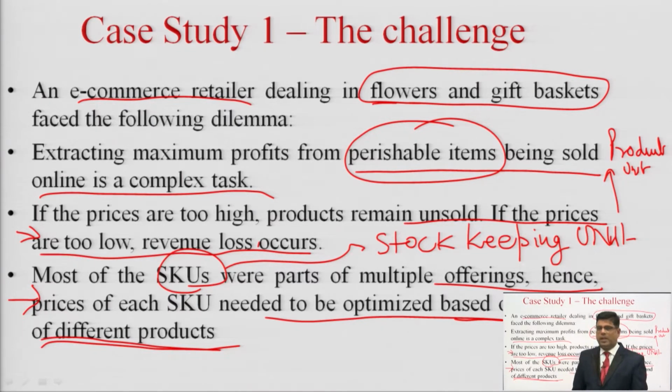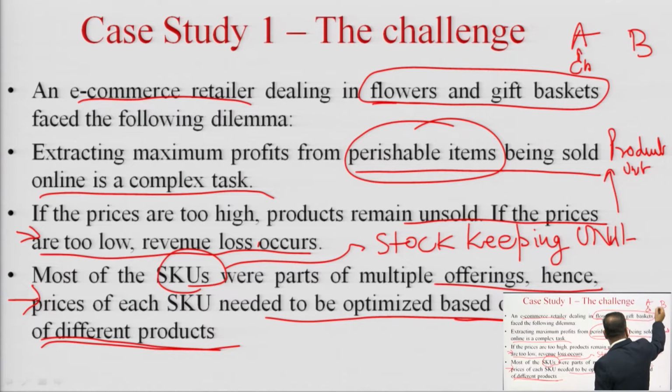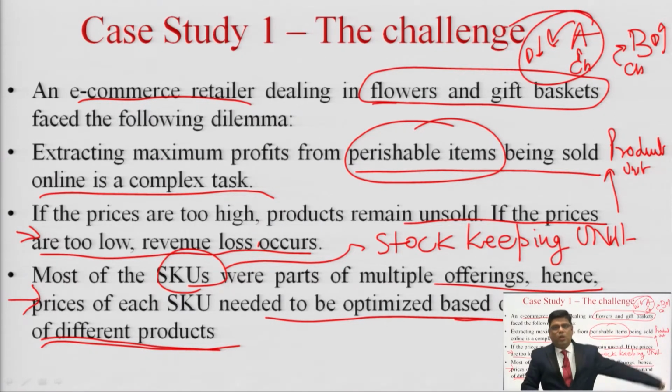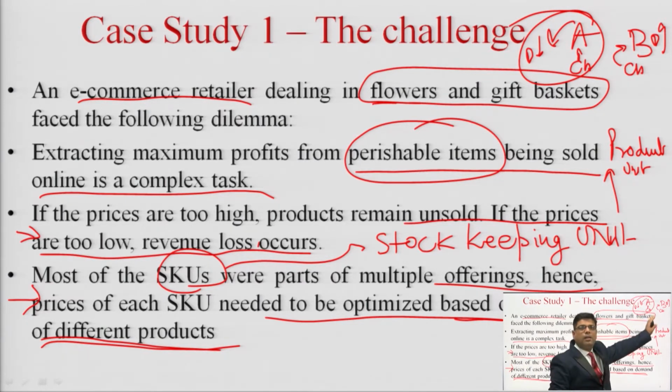Suppose there are two offerings, offering A and offering B, and chocolate is a part of both. If offering A demand is low while offering B demand is high, then with offering A, the chocolate will have to be priced high in order to get sustainable profit, while the chocolate can be priced low with offering B.